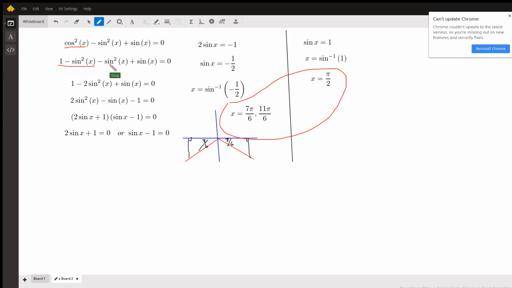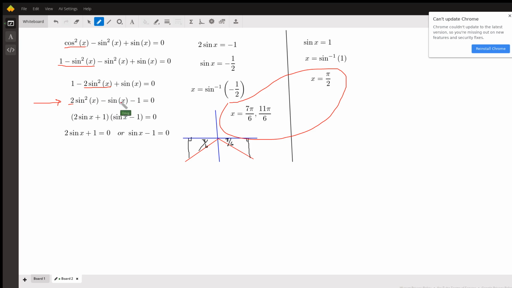And now if I combine the similar terms, the minus sine squared and the minus sine squared combine to minus 2 sine squared, that looks like a quadratic equation. And if I multiply every term by -1 so that the leading coefficient is positive, which is what I like to do, and write it in descending order, standard form, this is what you get.